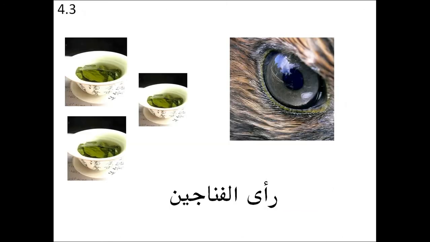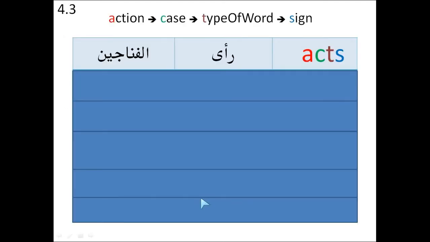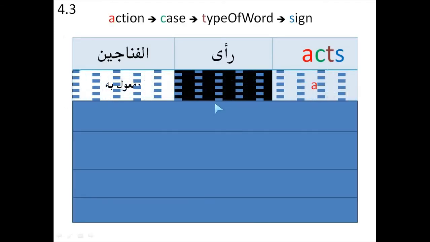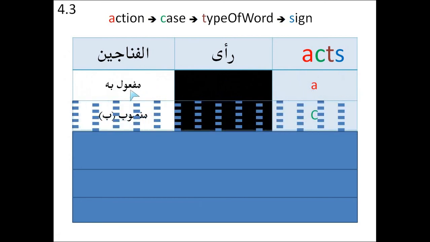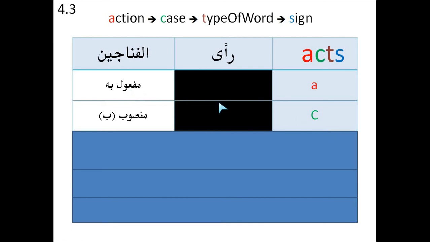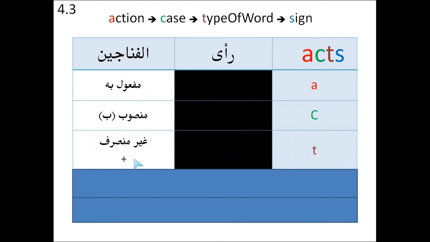Let's look at the next example. Ra'a al-fanajin. So if we go quickly, ra'a is a verb, so we're going to ignore it. Al-fanajin is the thing that's being looked at, so it is the action, maf'ulun bihi. The case of every maf'ulun bihi word is mansub, and it is ghair munsarif.